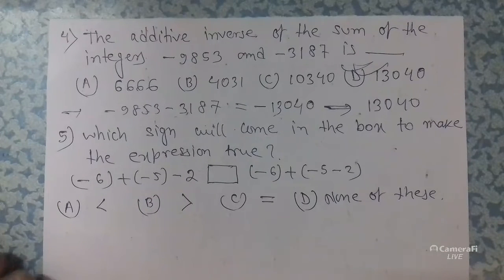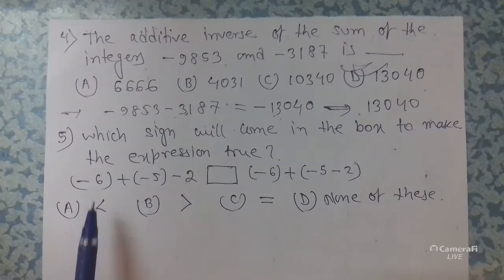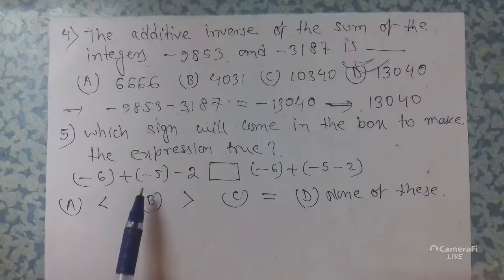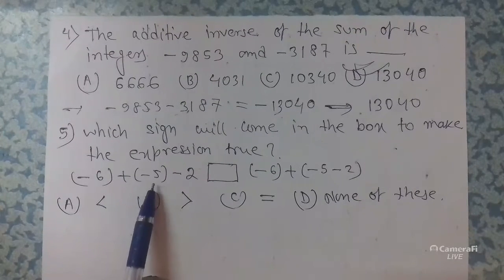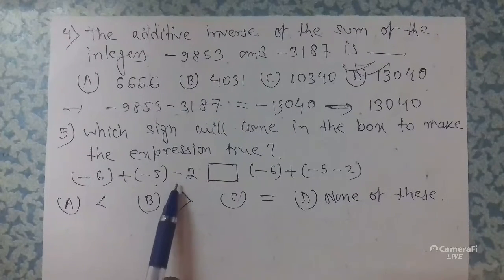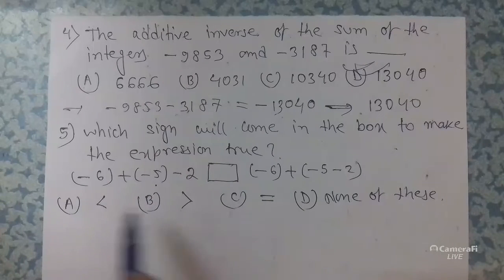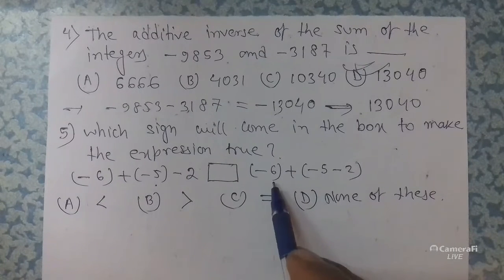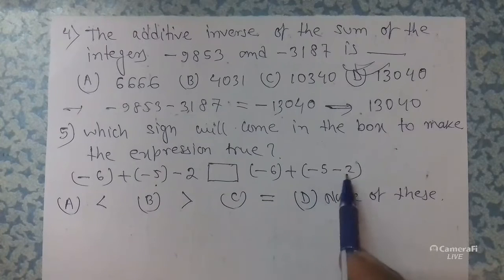So to find which is the correct option, we have to calculate this. So here minus 6 and minus 5, if we add these two values, it will be minus 11, and minus 11 and minus 2 is minus 13. So left side is minus 13 and right side is minus 6, and here minus 5 minus 2.